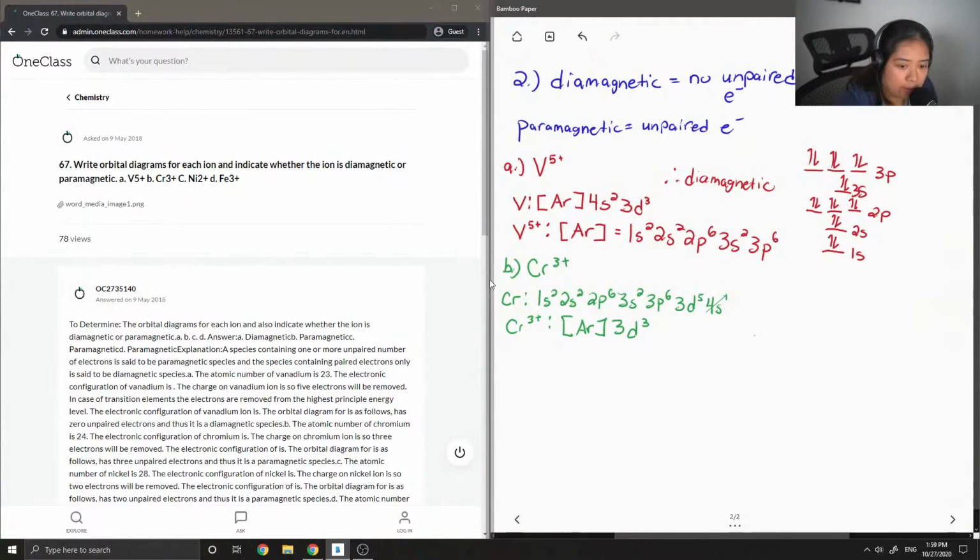So let's draw out its diagram as well. I'm going to run out of room, so I'm just going to draw the upper d orbital and draw in the last 3 electrons here.